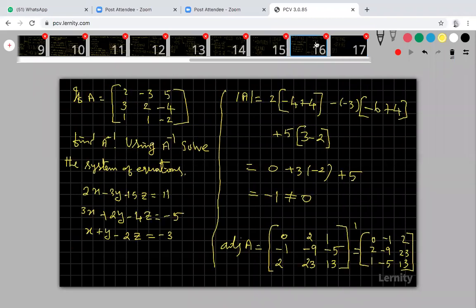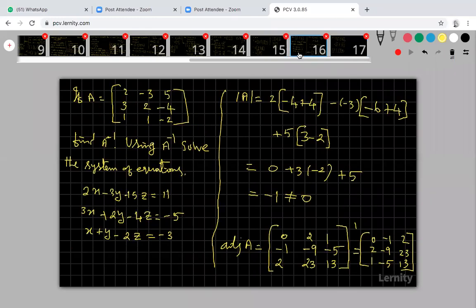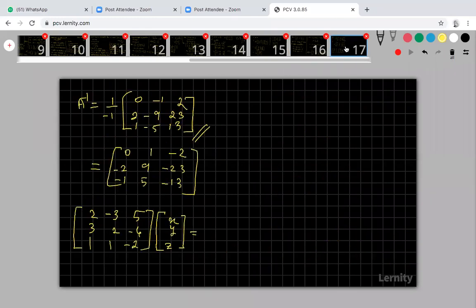Okay, and z 5, minus 4, minus 2. A into the unknown matrix. What is my unknown matrix? X, Y, Z. Okay, right. What is my B matrix? 11, minus 5, minus 3.